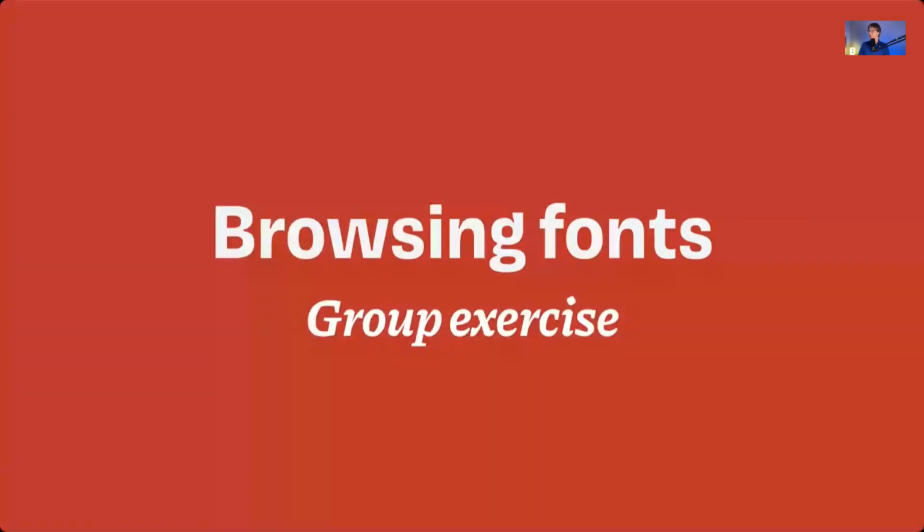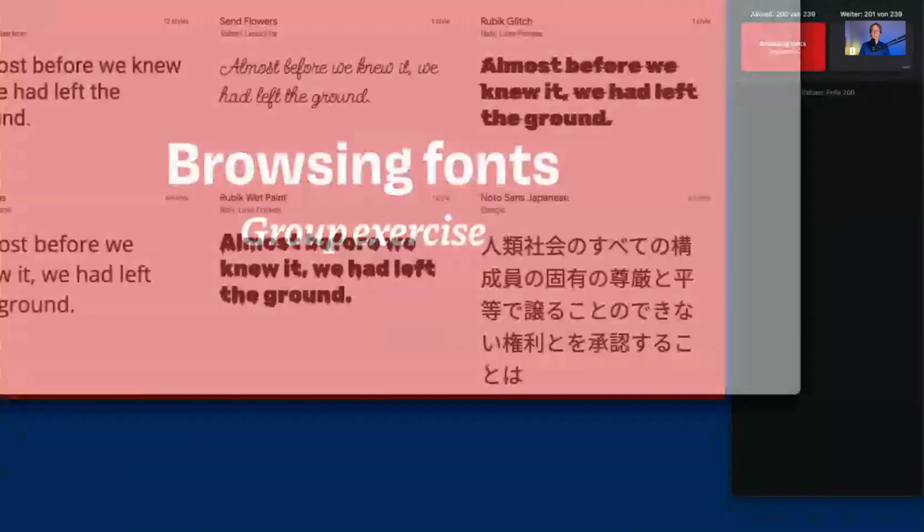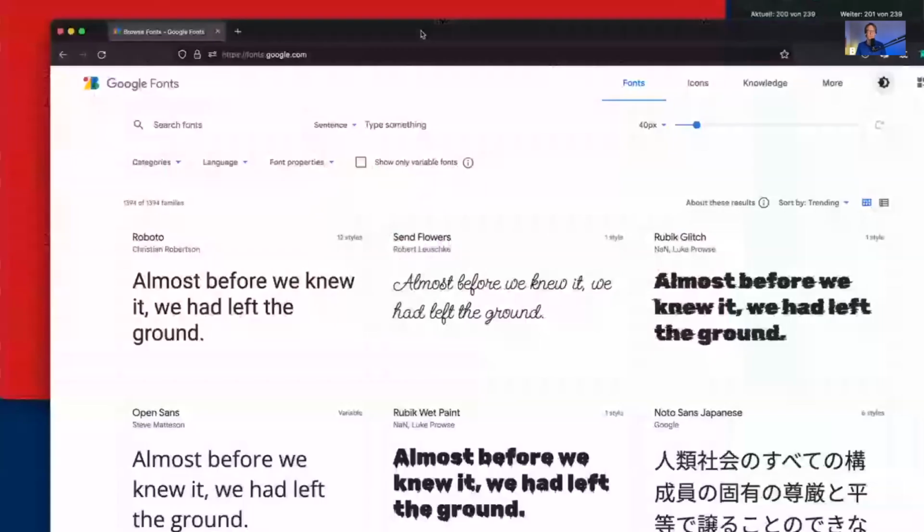Let me switch again here, and we'll move it over to the desktop again. And I'll pull over Google Fonts, and we'll do a very quick, very casual browsing around of some horrible, some nice Google Fonts maybe.